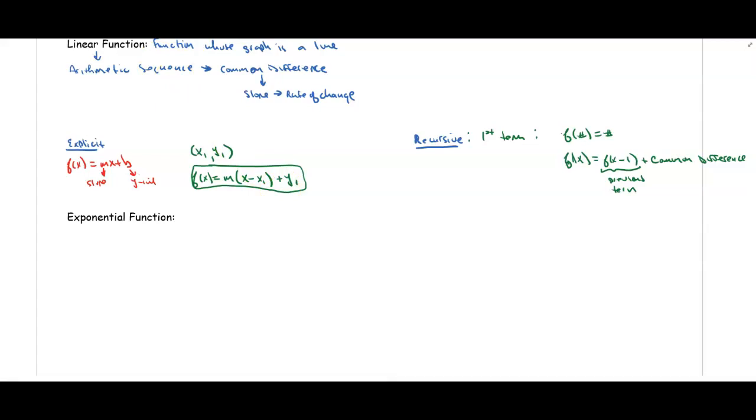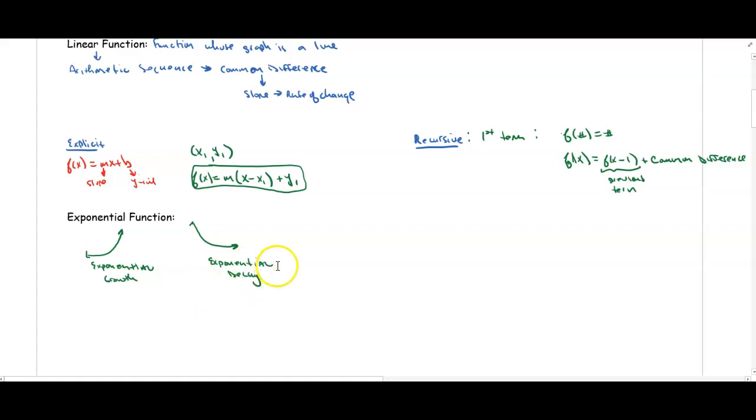Now, exponential function. This basically is a graph of an exponential curve or function, which is a graph that either starts low and goes high real quick, which would be exponential growth, or this graph can start high and decline or decay real quick. We call that exponential decay.